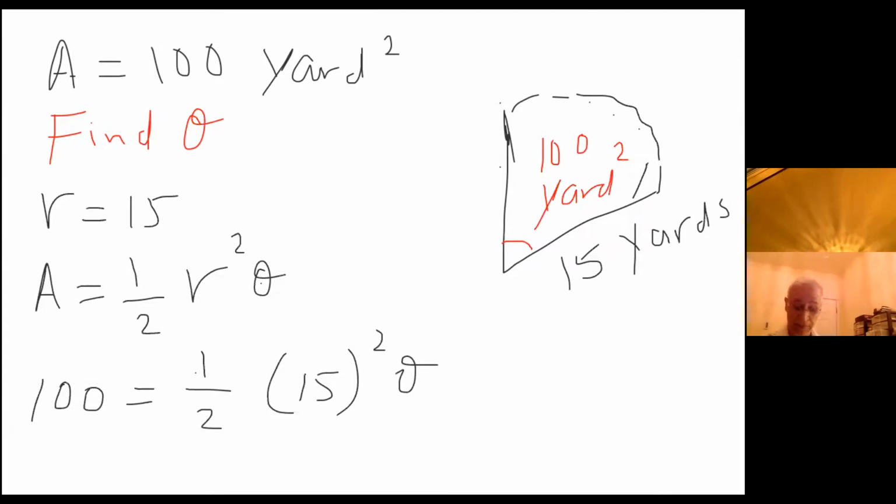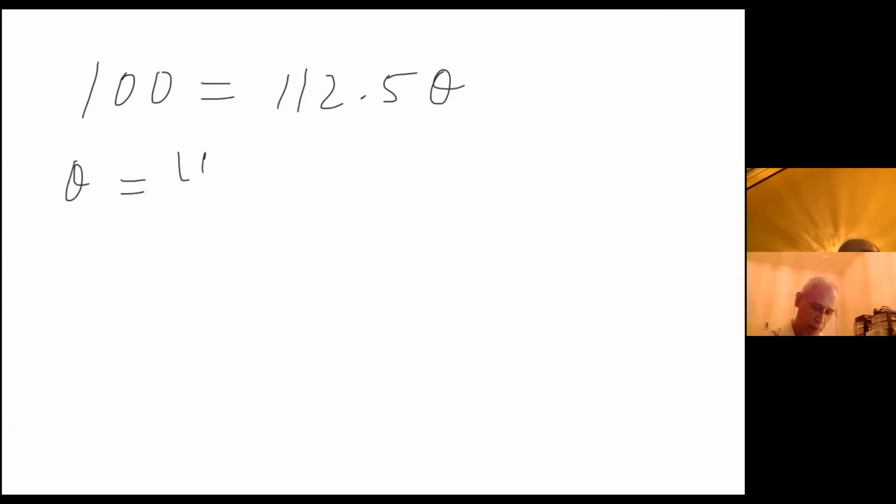Okay, and now all I have to do is solve for theta. Let me go to the next page. So I have 100 equals 15 squared times 1/2, which gives me 112.5 theta. So theta equals 100 divided by 112.5, which is going to be roughly, well, let's see.